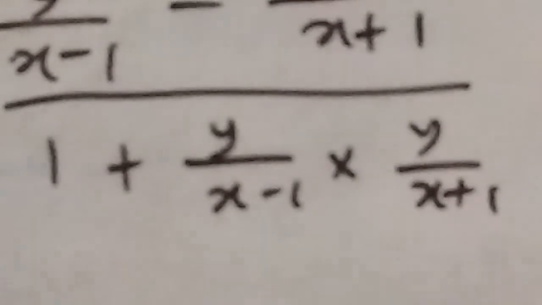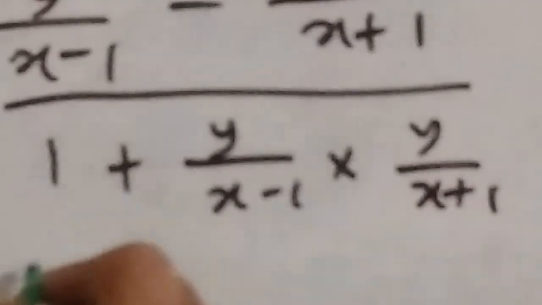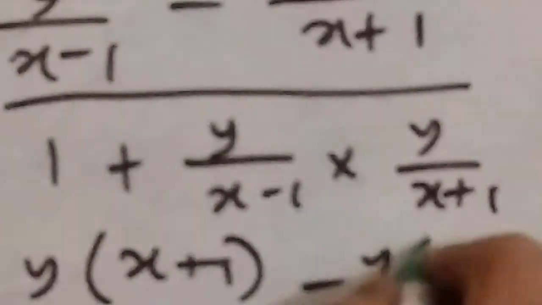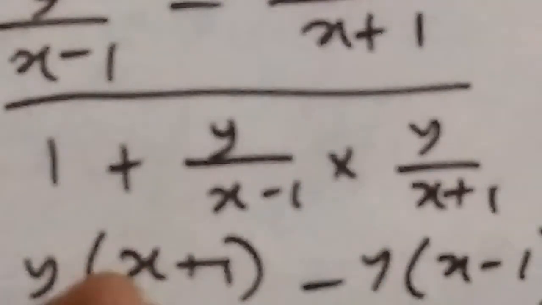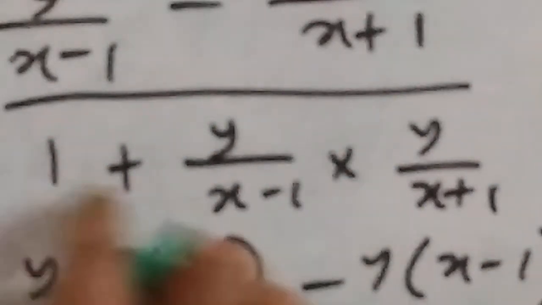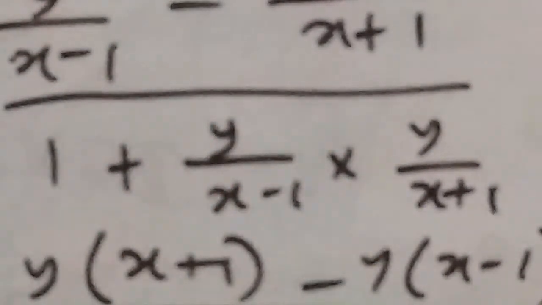Tan inverse of y into x plus 1 minus y into x minus 1, and that LCM will be cancelled with that. So 1 into that is x squared minus 1 plus y square.